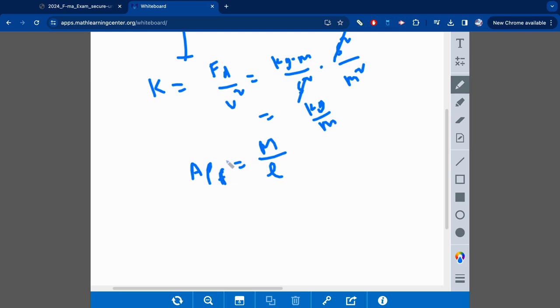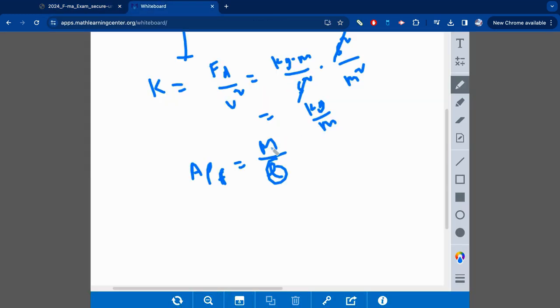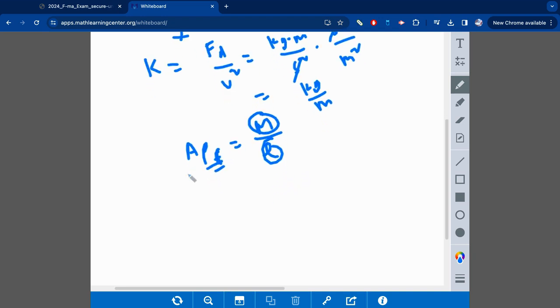So now we want to find the length L in terms of R, rho S, and rho F. Since we can derive rho S from here, by multiplying rho S by the volume to find the mass, and we also have rho F here, we can easily solve for L in terms of these quantities.